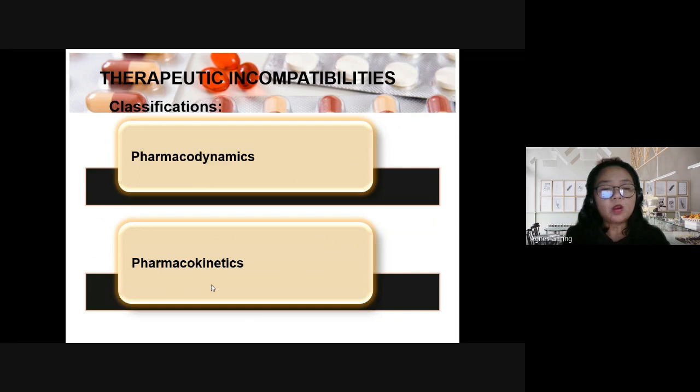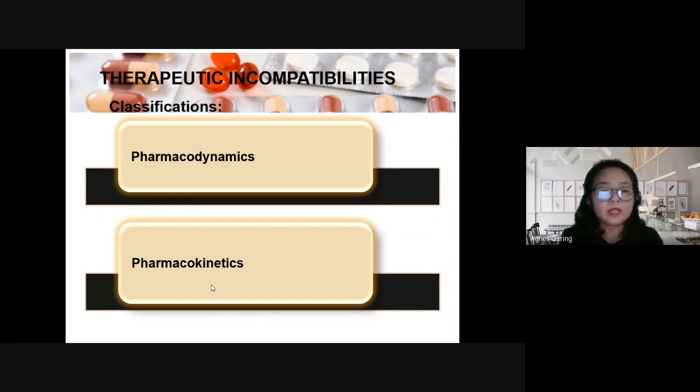When we talk about pharmacodynamics therapeutic incompatibilities, we're talking about the change in the effect of the drug, okay, without changing its drug plasma concentration. There's a change in effect, okay, but there is no change in the drug plasma concentration. So, paano nangyayari yun? So, for example, yung classic example natin kanina, chlorphenamine.